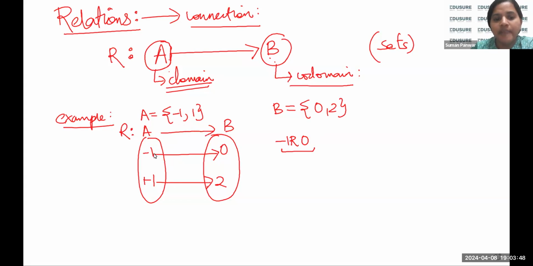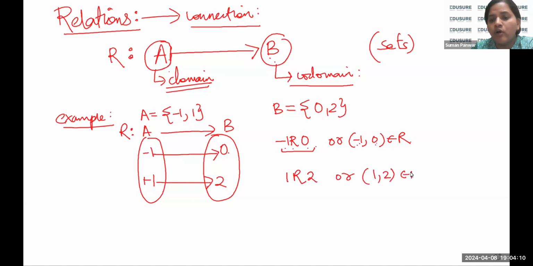So I am saying -1 is related to 0, or (-1, 0) belongs to R. It means that -1 is going to 0. -1 is in A, 0 is in B. Another thing, 1 is related to 2, or (1, 2) belongs to the relation. Please do not write it reversed.